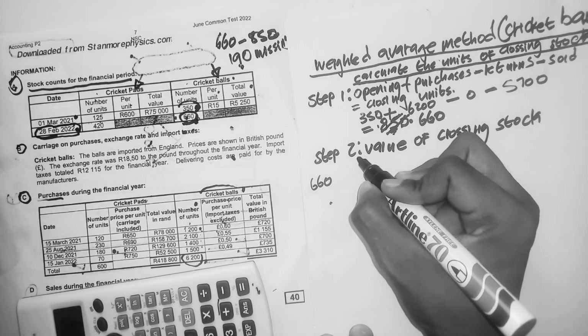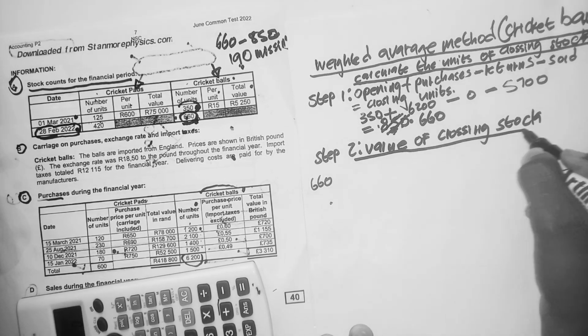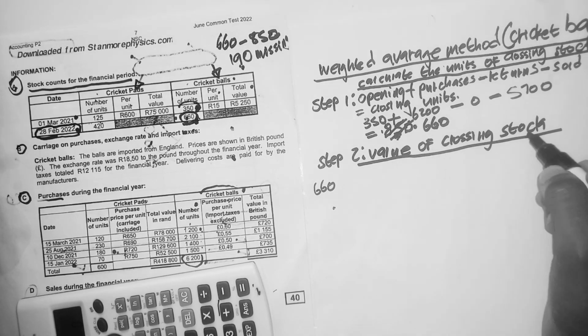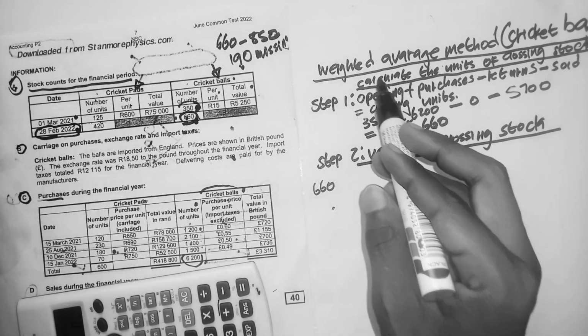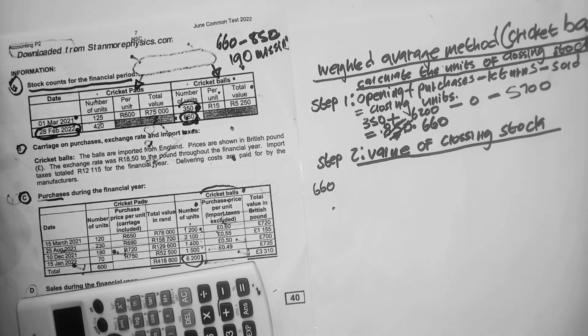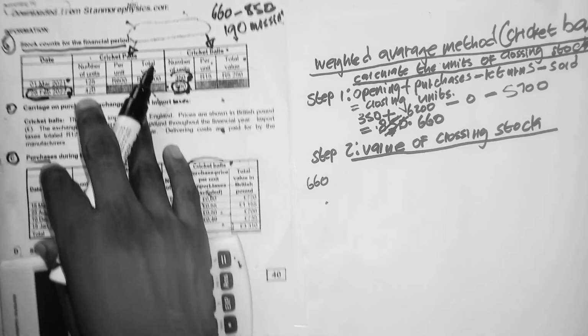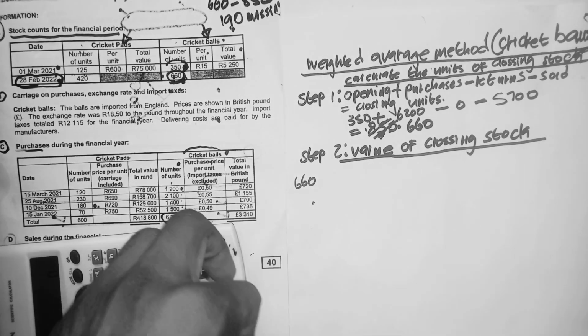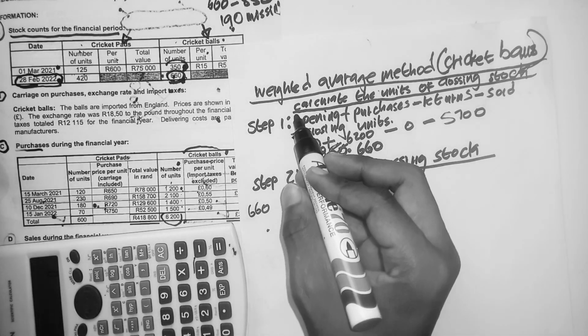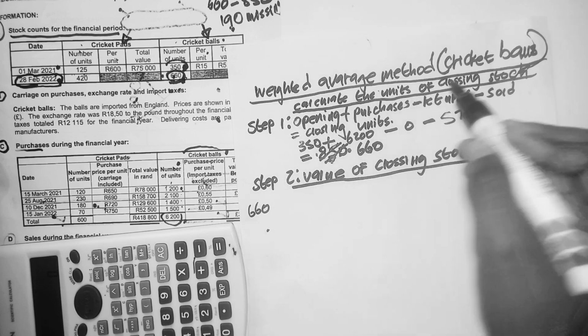Just keep on watching the video till you understand. No one must fail. So step 2, we calculate the value of closing stock. Remember, step 1, we calculate the units of closing stock. Step 1, we're simply calculating the units. Then on step 2, now we're calculating what? The value.